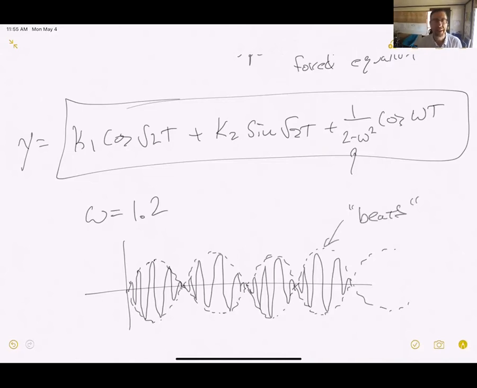If any of you play guitar and you've learned how to tune your guitar by ear, you should be familiar with this. I happen to have a guitar behind me, and I don't know if I'm going to be able to do this. I haven't tried in a while. You all hear that?